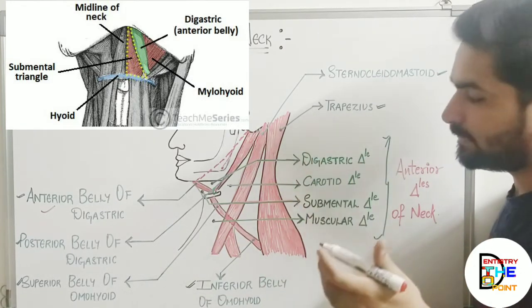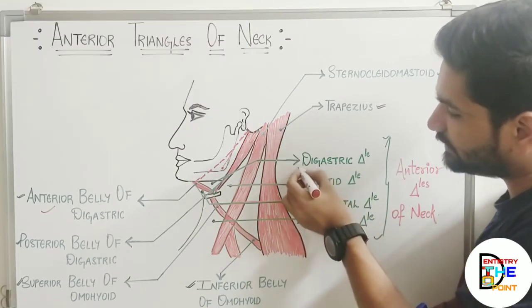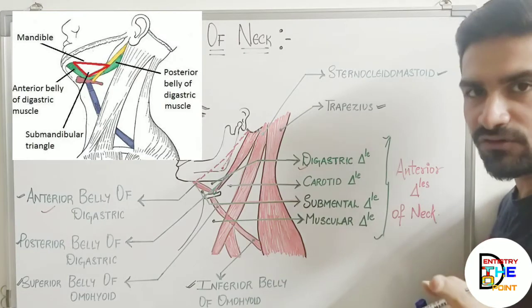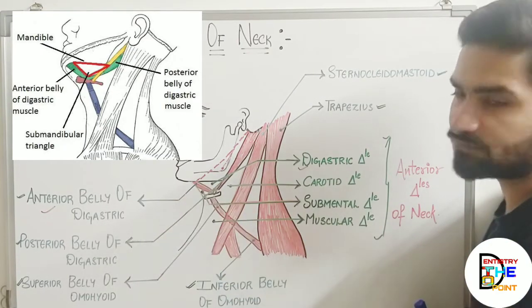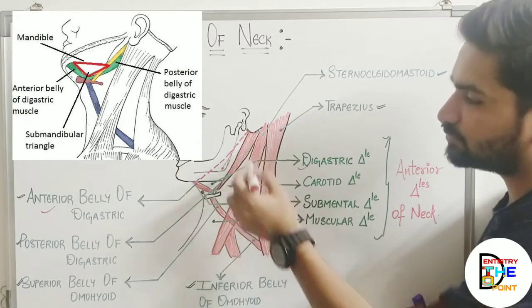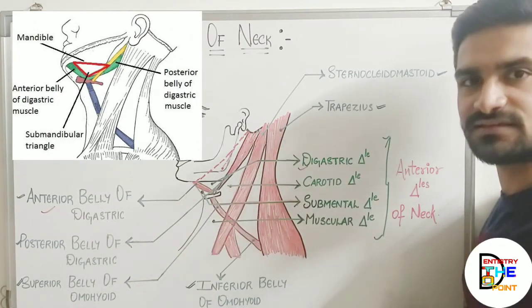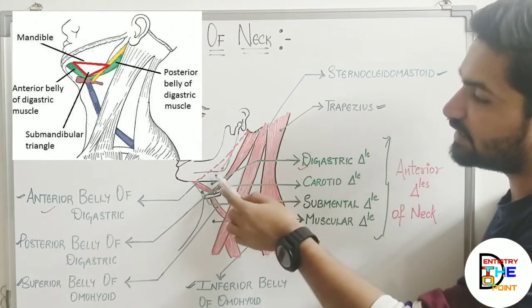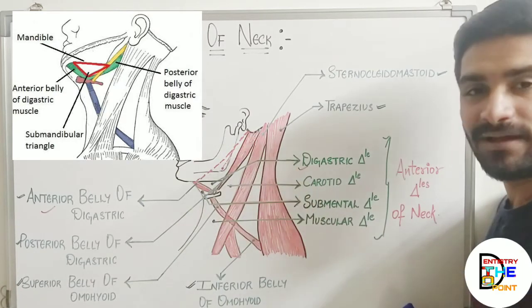Next is the triangle we are going to discuss, the digastric triangle. About the digastric triangle, I would say that 2 muscles and 1 imaginary line form it. First is the anterior belly of digastric. Second is the posterior belly of digastric, and third is the imaginary line which we discussed for the main boundary of the anterior triangle, drawn from the angle of the mandible till the mastoid process.